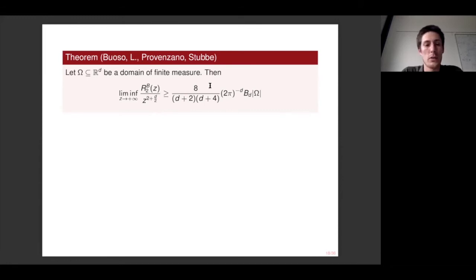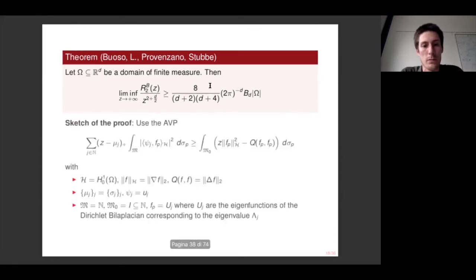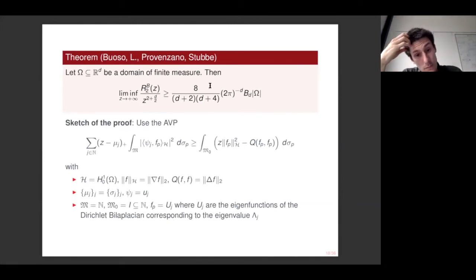So let's see how this proof goes. We apply, as we have said, the average variational principle, which I recall the formulation of, which is this one, where we use the functional setting of the buckling problem, with buckling eigenvalues and buckling eigenfunctions.